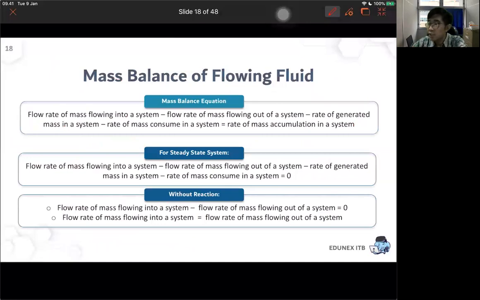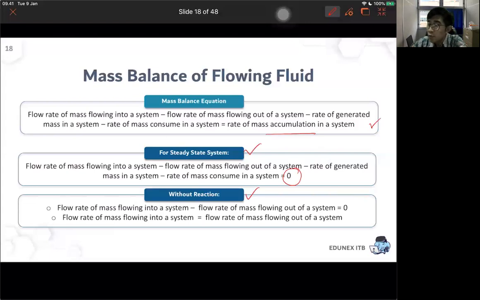So this is the general equation. It can be applied in any kind of system with or without reaction, steady or not steady. And then for the steady state, the rate of accumulation will be 0. And for the flowing fluid, there will be no reaction, so the mass generated and mass consumed are also 0.